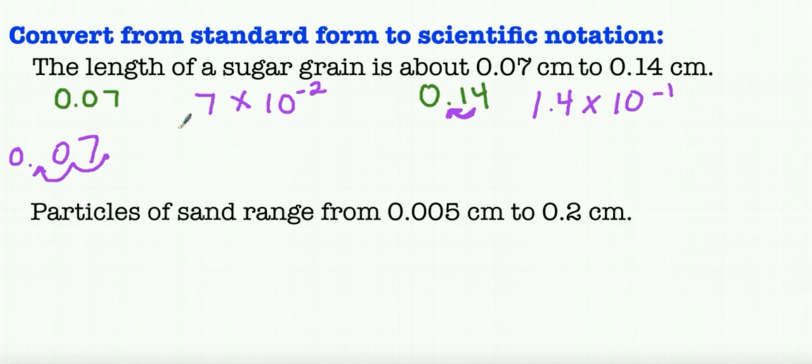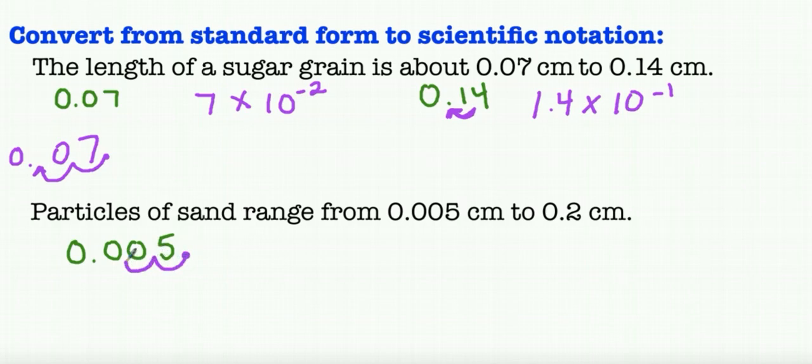All right, so the next problem says particles of sand range from 5/1000 of a centimeter to 2/10 of a centimeter. So taking our first value, we know that the leading number in our scientific notation has to be between 1 and 9. So our decimal would have to be here. And if we want to go back to standard form, we're moving to the left.